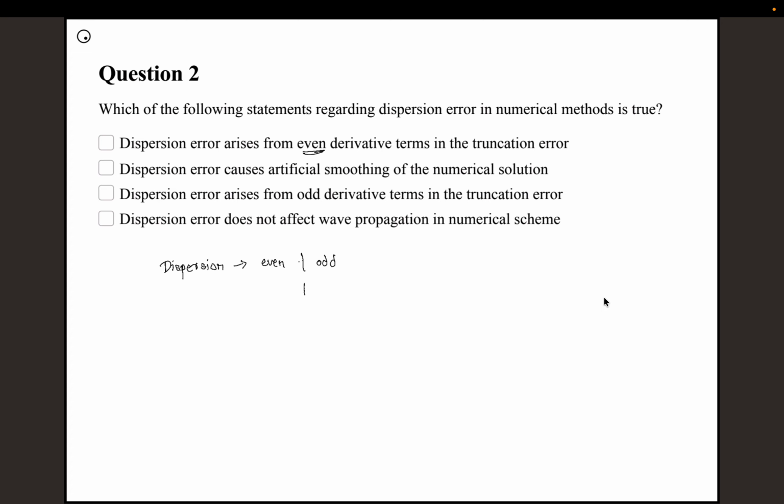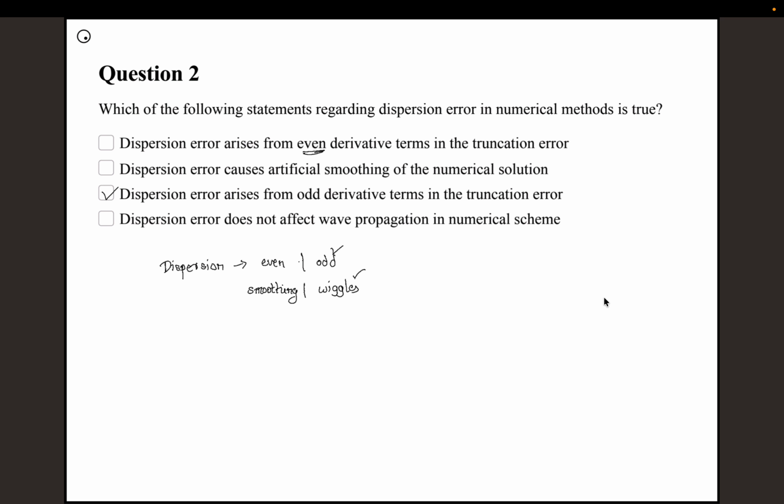The other is the effect on the solution, which is either smoothing or we can have wiggles. And the third one is on the wave propagation. Here we have no effect, and the other one actually affects the phase speed. So for dispersion, we have odd terms and it will introduce wiggles. So in this particular case, the answer is this.